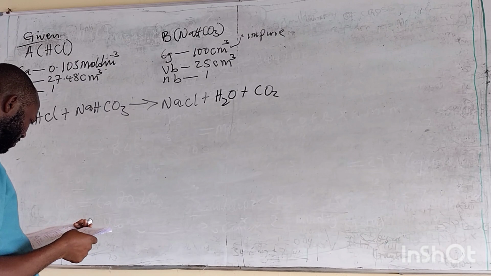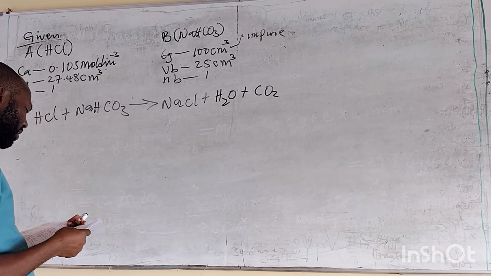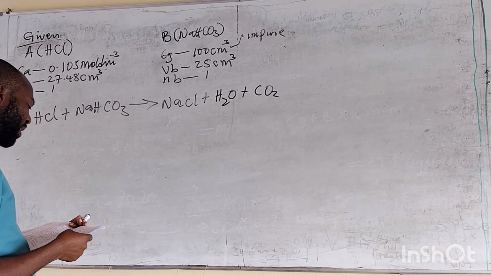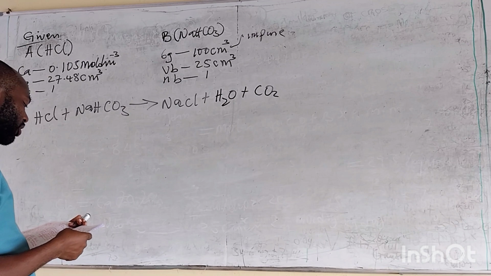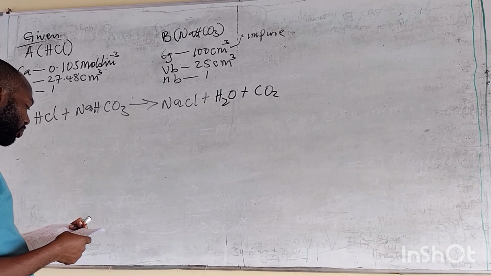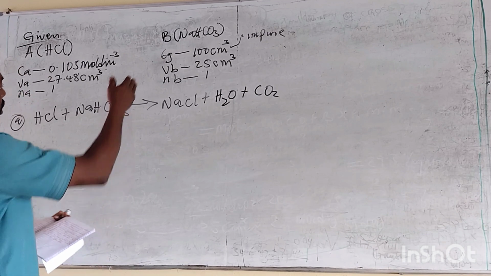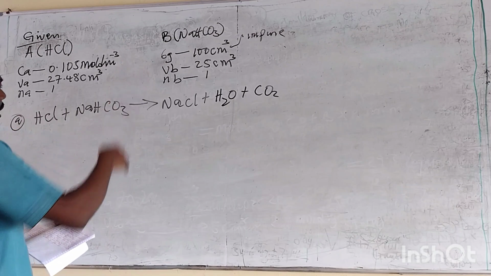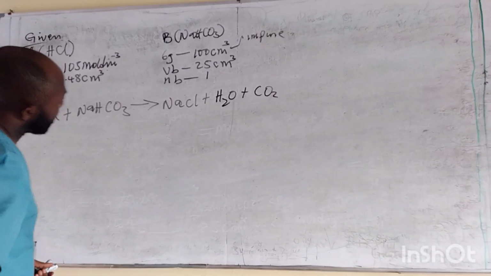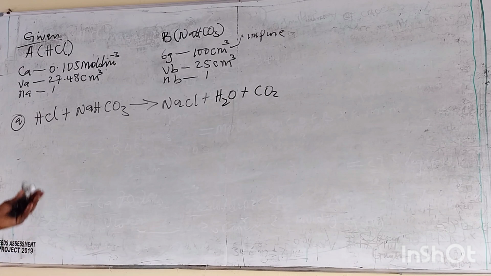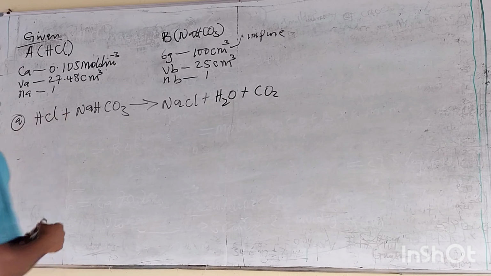Next, calculate the concentration of the base, that is sodium hydrogen trioxocarbonate(IV), in mole per dm cube. They want us to know the molar count of this base. Now, we use our CAVA formula to get that.